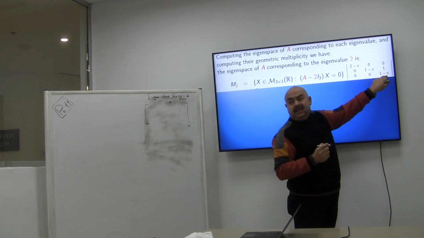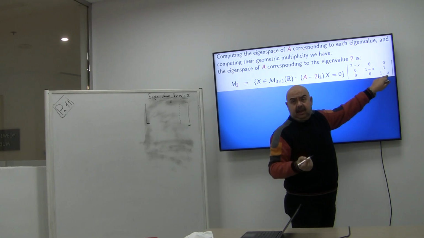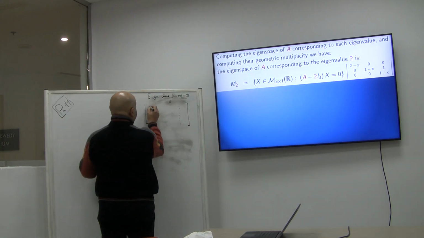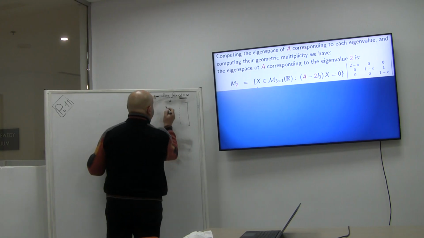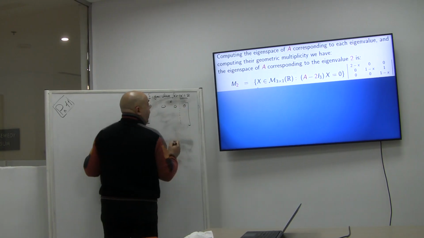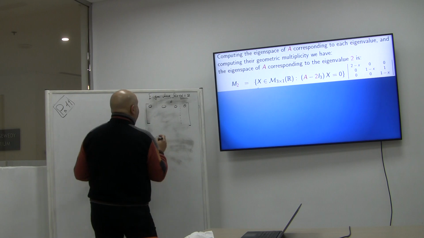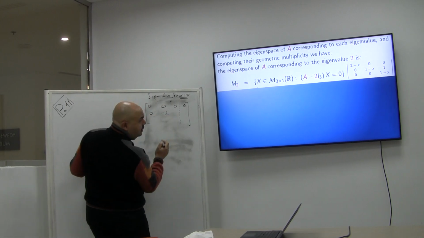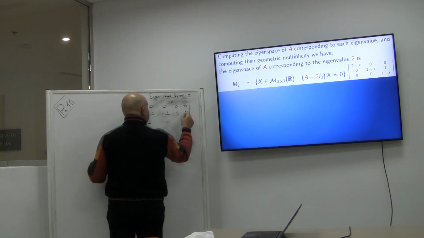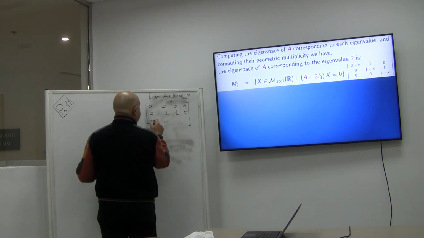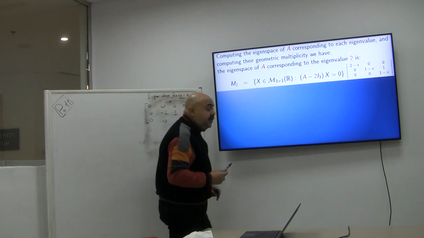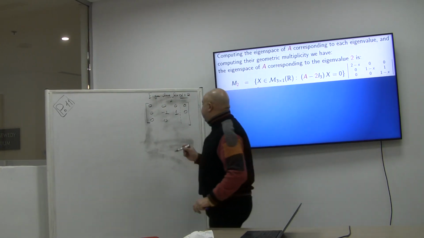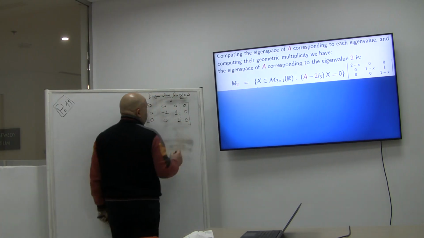I'm just replacing the values of x by the eigenvalue. So 2 minus 2 is going to be 0, and the other 2 elements are zeros. For the second row, you will have 0, 1 minus 2, which is negative 1, and then positive 1. Same way for the third row, you will have 0, 0, and then once more 1 minus 2, which develops -1, and it is equal to 0.